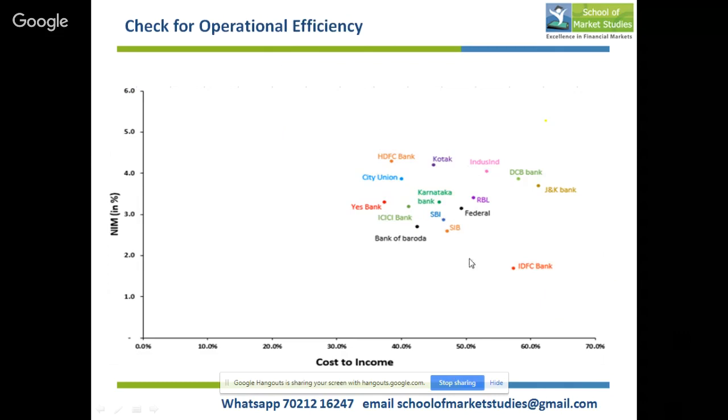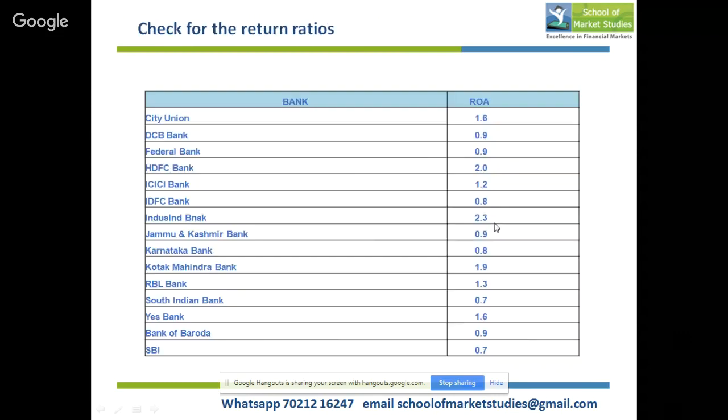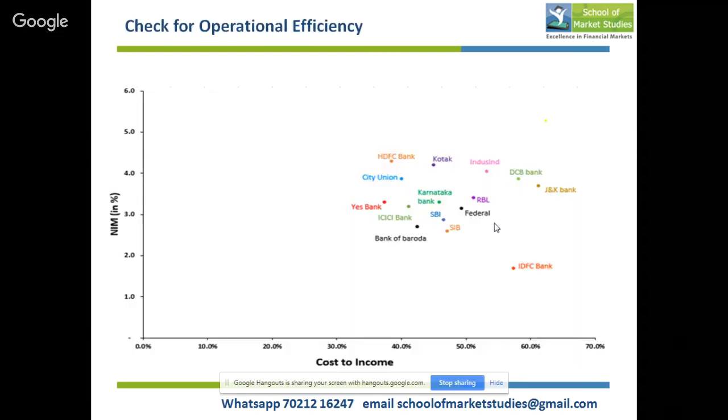Now, let's see which other banks we would want. So, if we were to take a cutoff ratio of about 3, right, then this is the universe that you're getting. If you were to take a 50% cutoff ratio and a NIM of 3, what you would be left with is this universe out here, right?